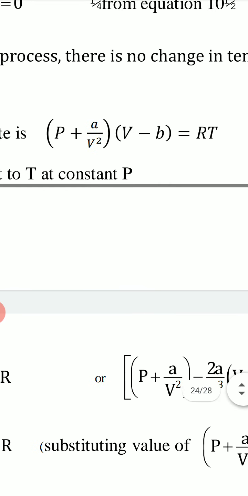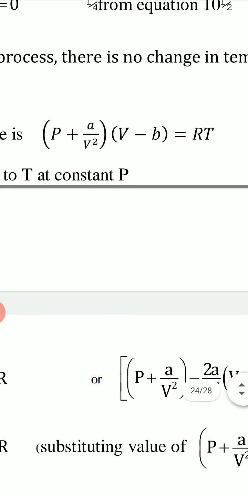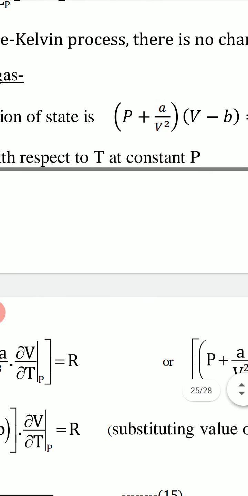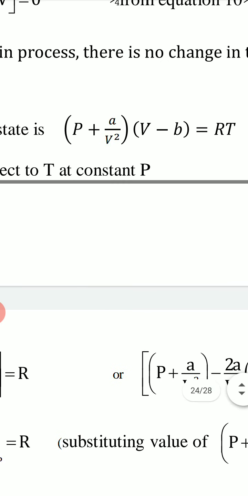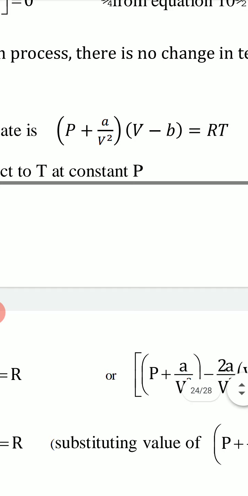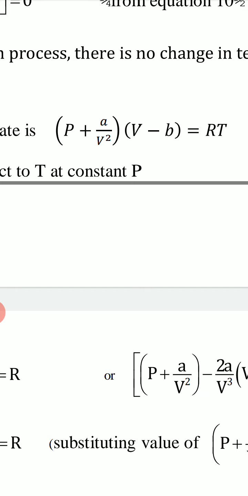V is in the two terms of the left hand side, so we take differentiation with respect to T at constant P. There are two terms in the left hand side, so this differentiation is performed by using the formula: first function into differentiation of second plus second function into differentiation of first.